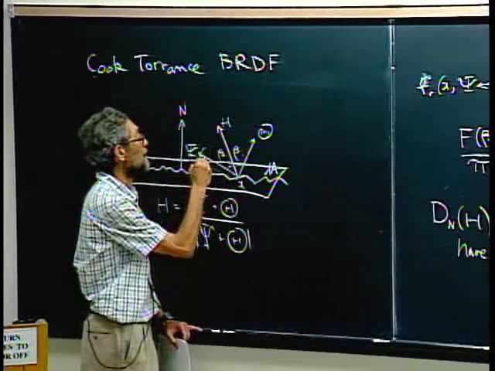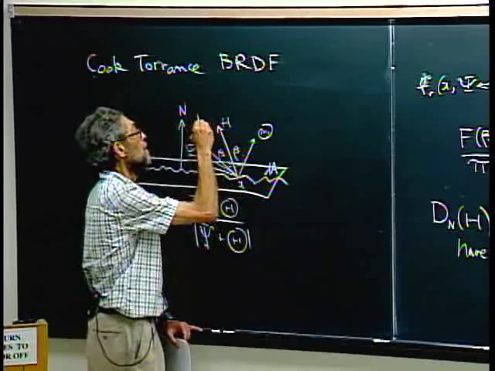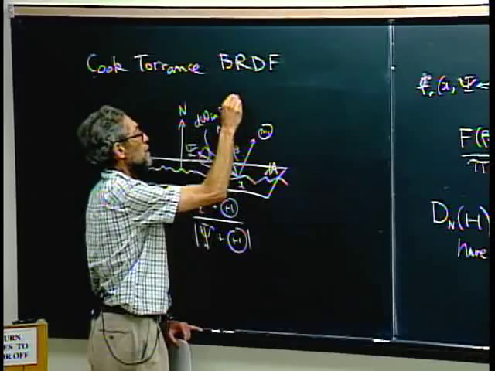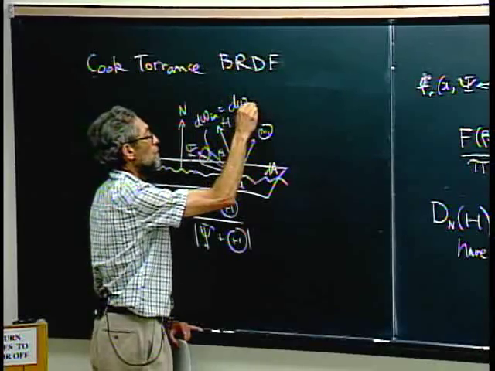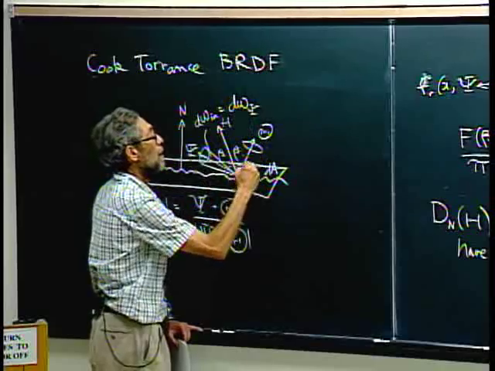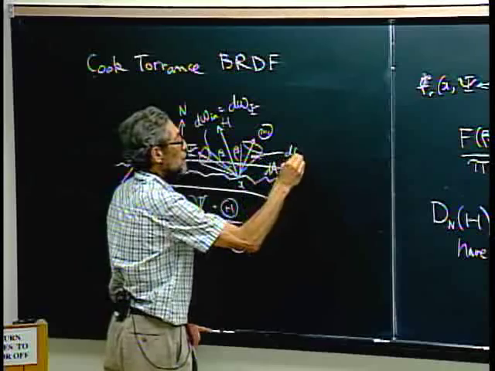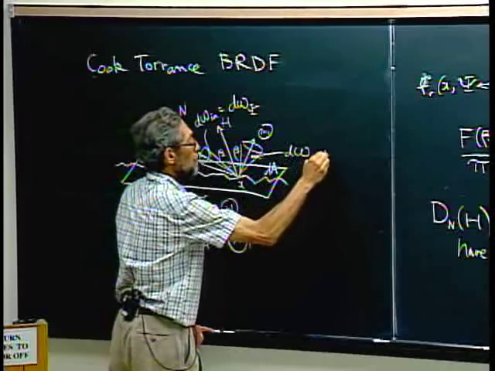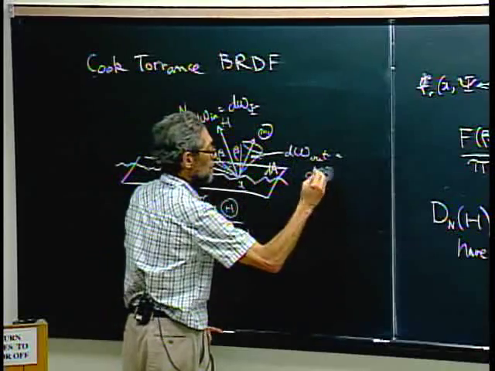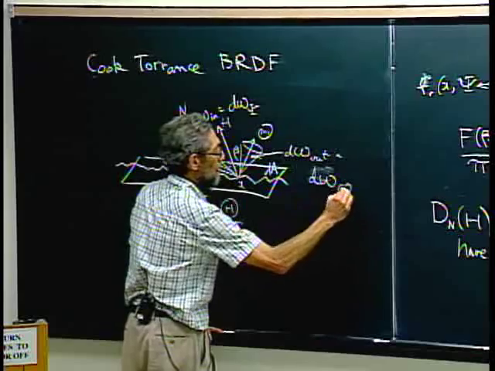The light is actually coming in over a solid angle d omega in, which the book would write d omega for this incoming direction psi, and it's going out in a solid angle d omega out, which is the same as d omega for this outgoing direction.